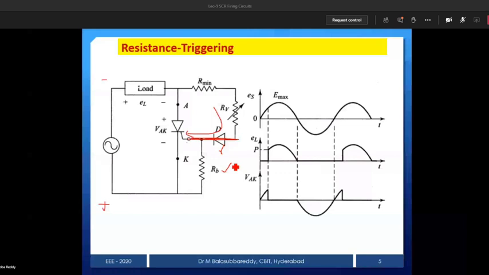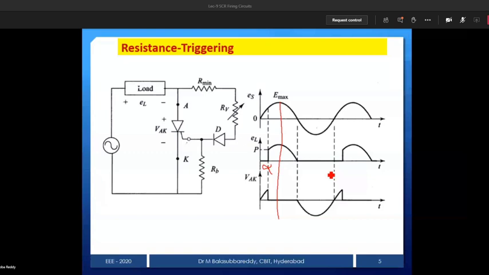Now instead of firing here, I want to fire somewhere here. What do I want to do? Because the device is triggered at this point, alpha, let's consider it is 30 degrees. Now I don't want 30 degrees. I want to increase the firing angle alpha to 90 degrees, or let it be 60 degrees.